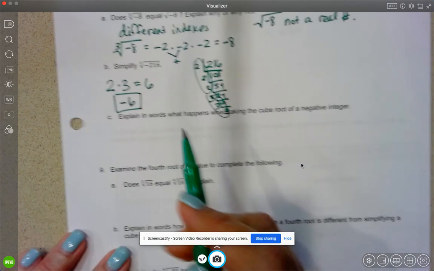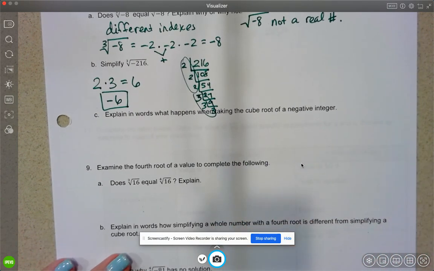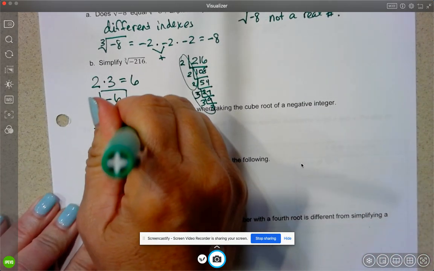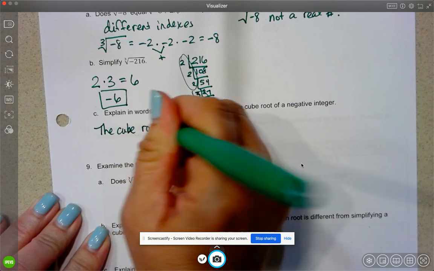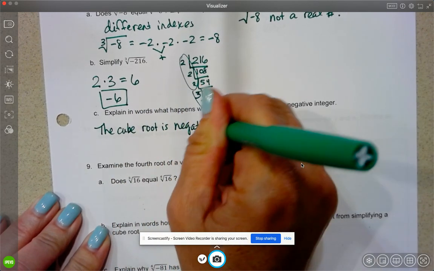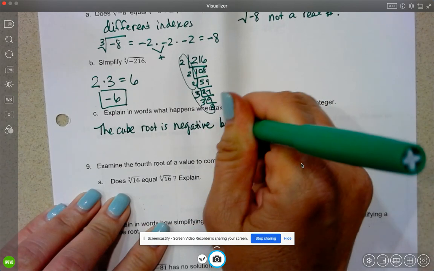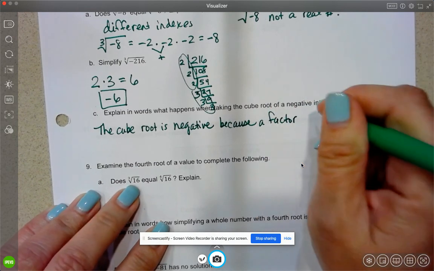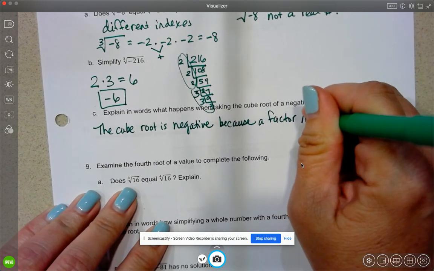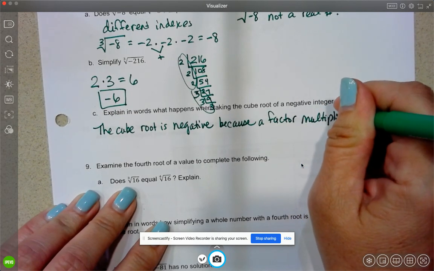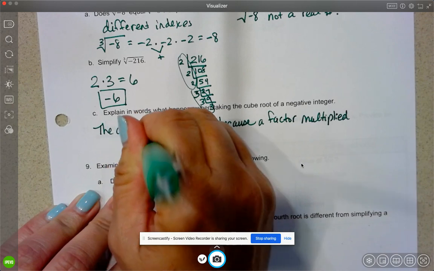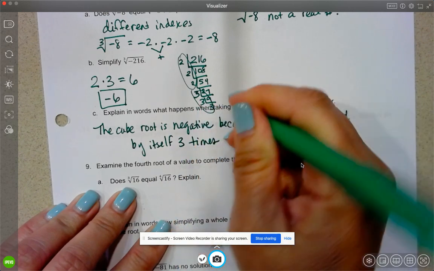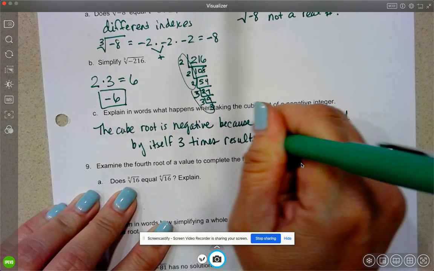So explain in words what happens when taking the cube root of a negative integer. Well, the cube root is negative because a factor, a number that you multiply by itself 3 times, results in a negative number.